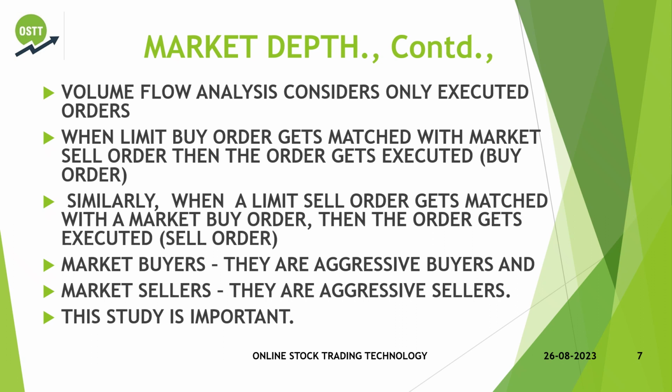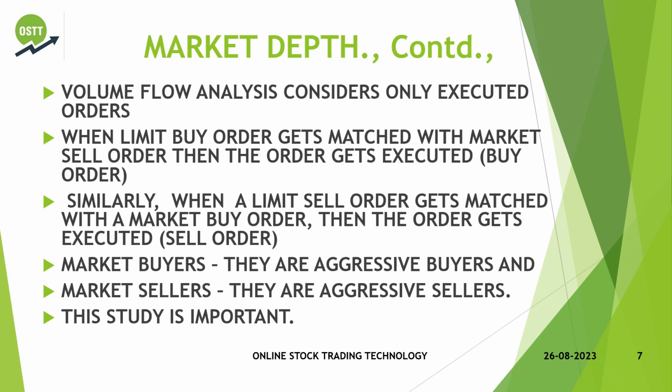In the market depth example we have seen earlier, if the bidders are being matched by an aggressive market order, then the market order is executed for the buyer. Similarly, when a limit sell order gets matched with a market buy order, then the order gets executed. So a limit order always has to be matched with a market order.